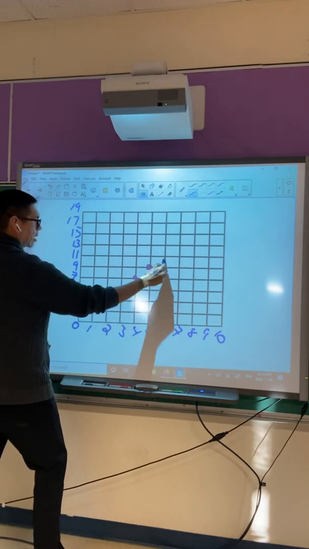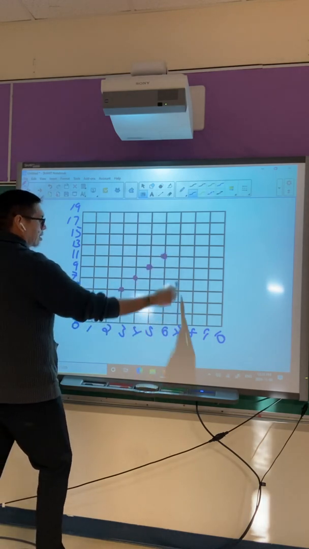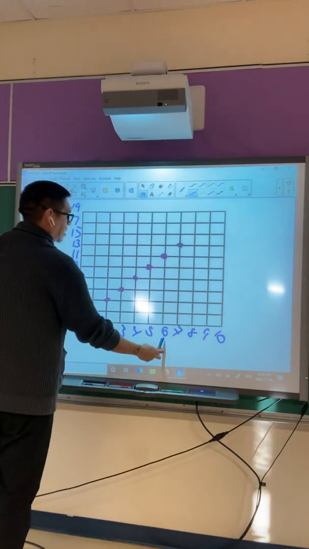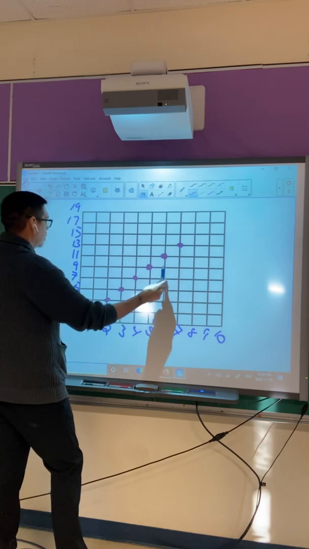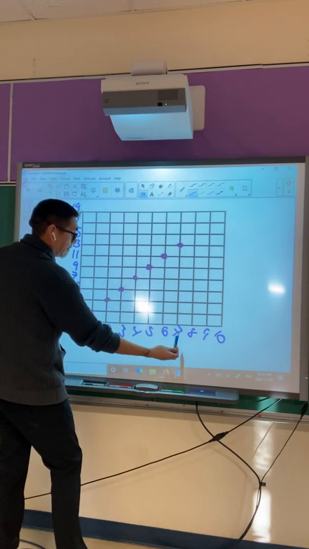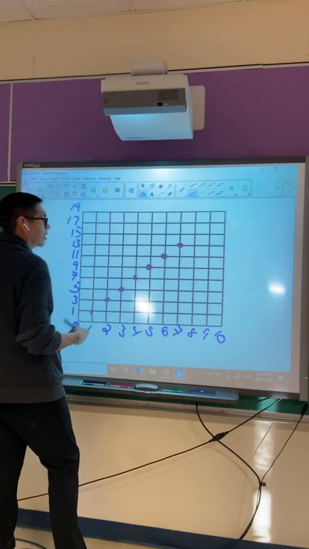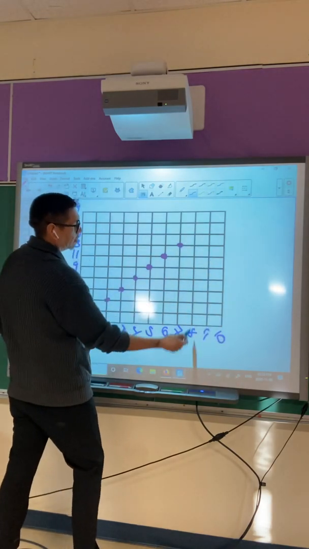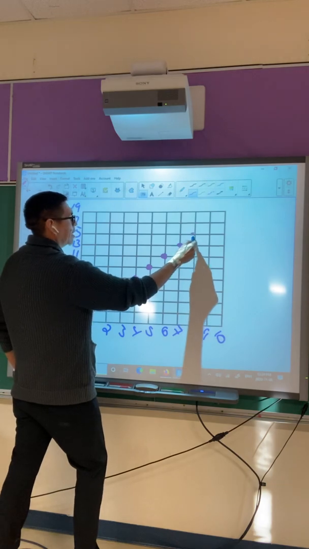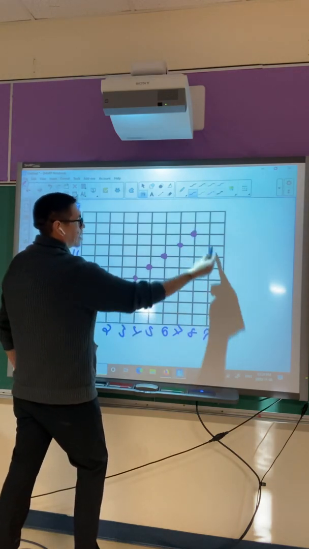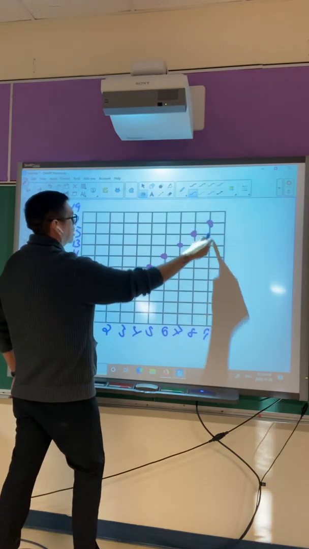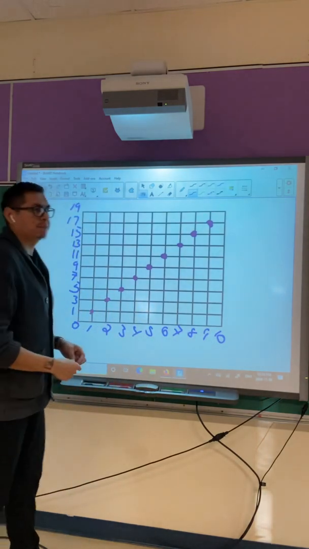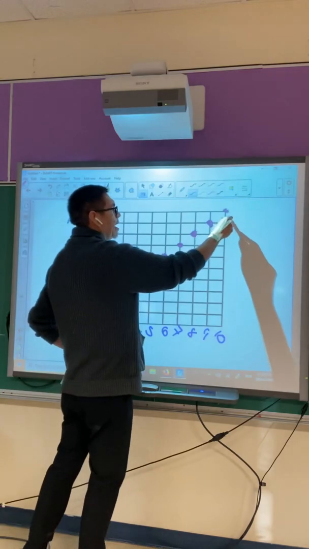Keep going. We made it up to 6. If x was 6, y would be 11. If x was 7, y would be 13. If x was 8, y would be 15. If x was 9, y would be 17. If x was 10, y would be 19. So we can see the pattern again.